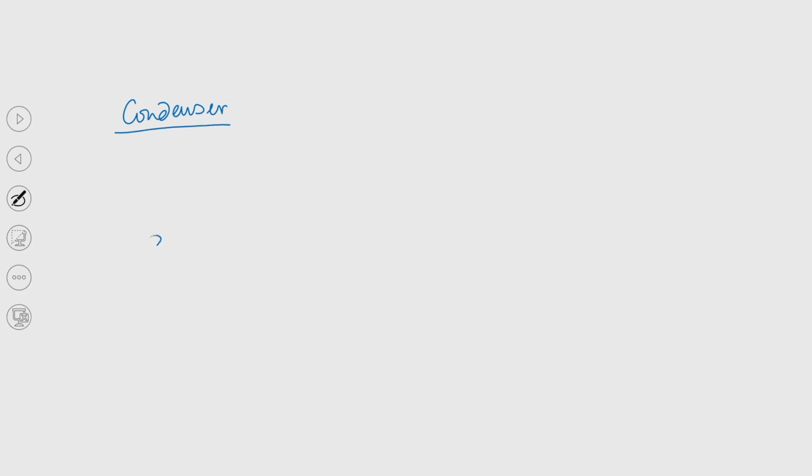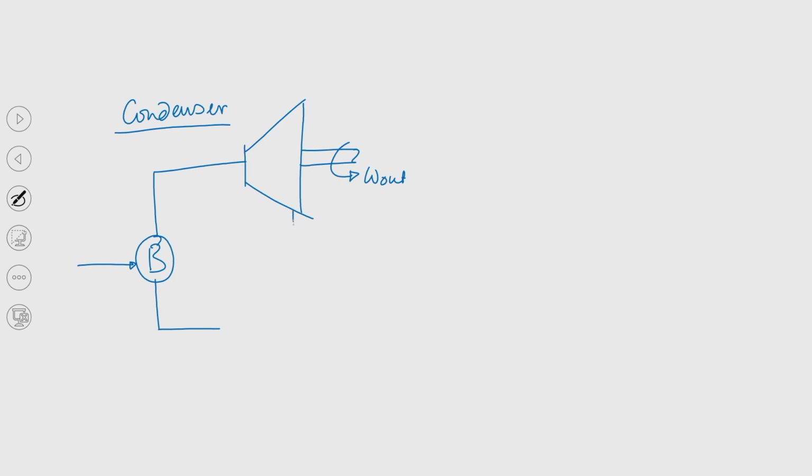So, if we draw this, so this is boiler, then steam is expanding, and after doing work steam is taken to this.